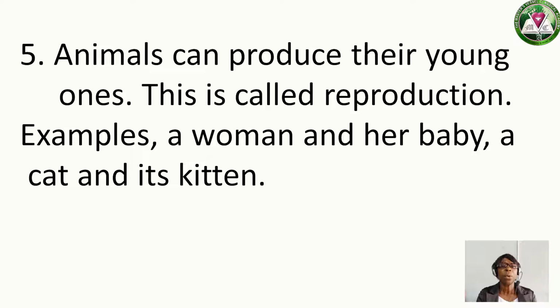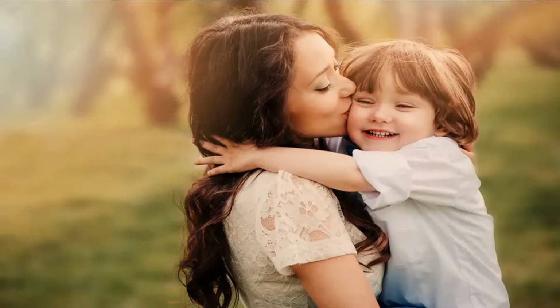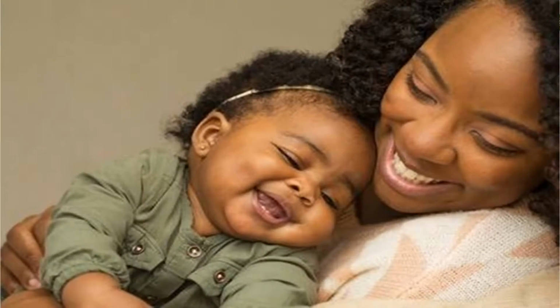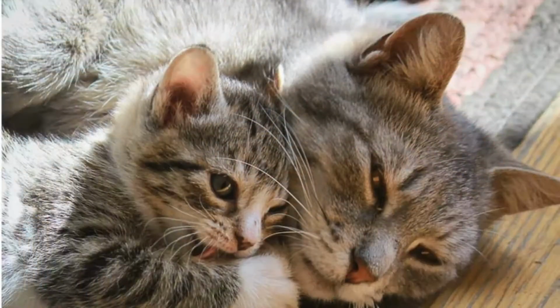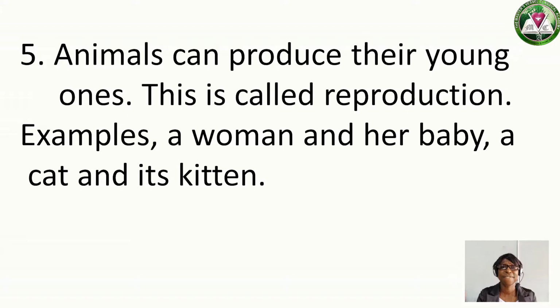Examples: we have a woman and her baby, a cat and its kitten, and so on. We have other animals with their young ones. And this shows us that animals can produce their young ones.